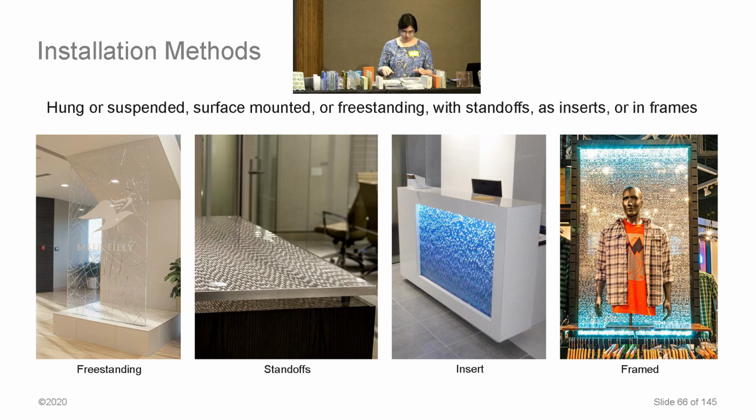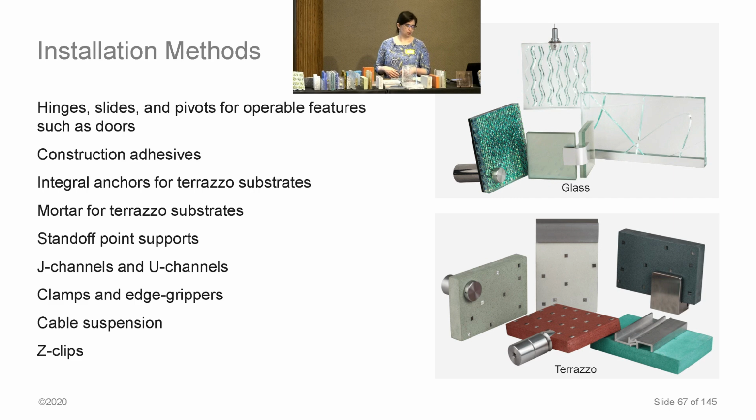A lot of them can be freestanding, as you have seen some of them standing up by themselves. Just depends, again, on the size and the thickness. More hardware options, J channels, U channels. You can do hanging things with aircraft cables. You can also do operable features like pivots, hinges, slides for things like doors and windows.